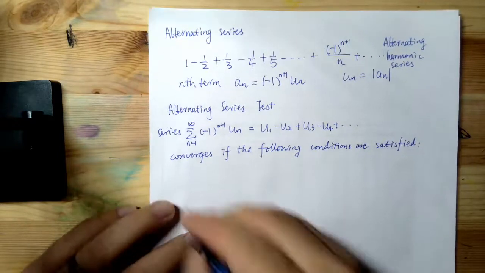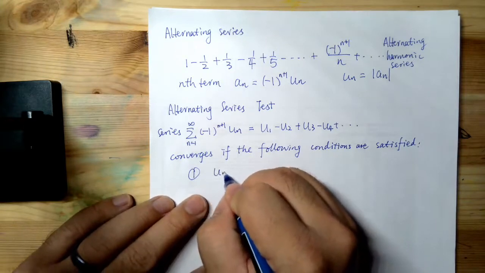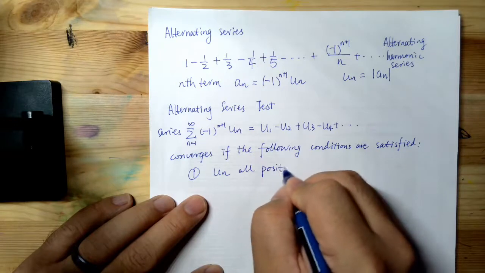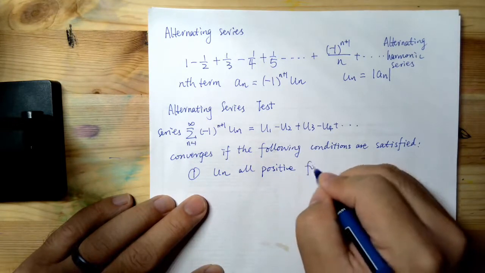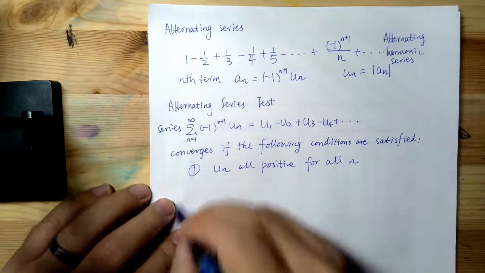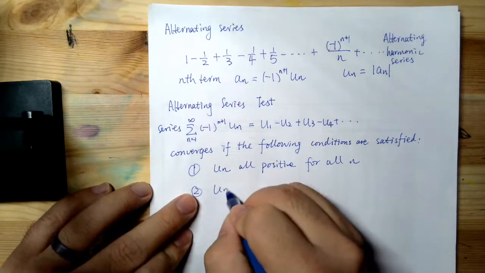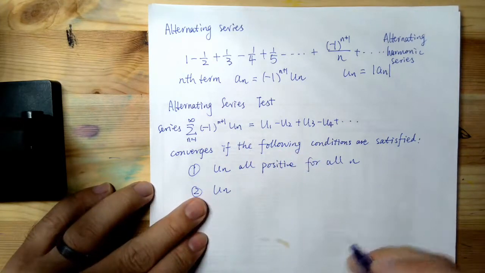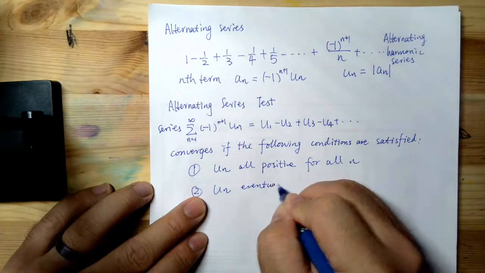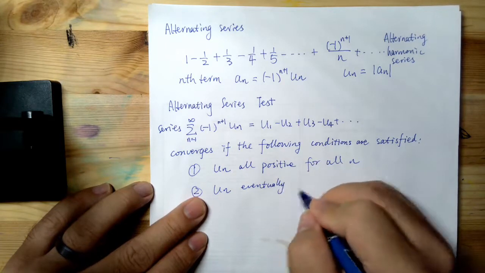Okay, so 1, we need to make sure that u_n are all positive for all n. And 2, we need to make sure that u_n are eventually non-increasing.